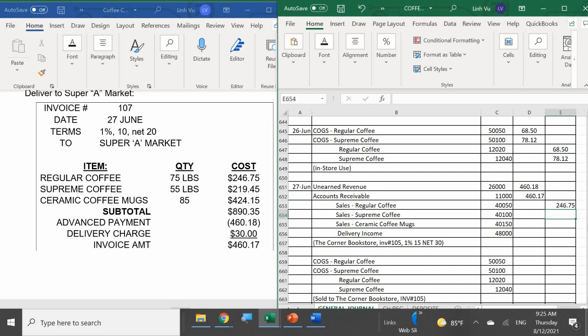The cream is going to be $219.45. And ceramic coffee mugs, $424.15. And of course, delivery income is always $30.